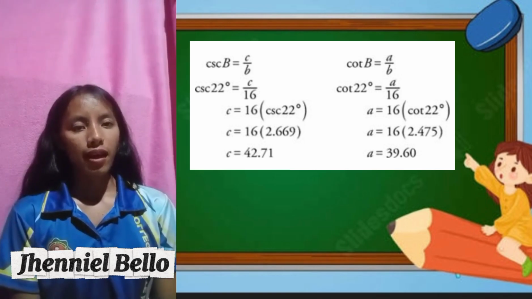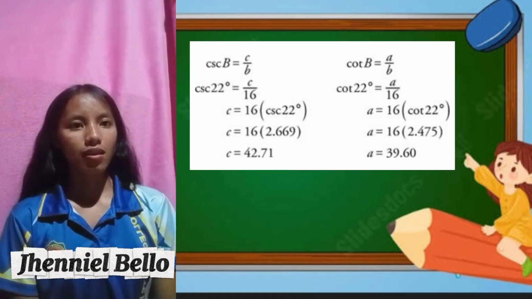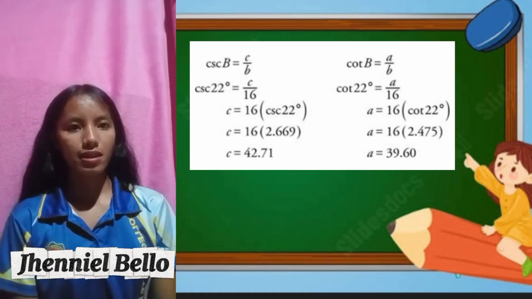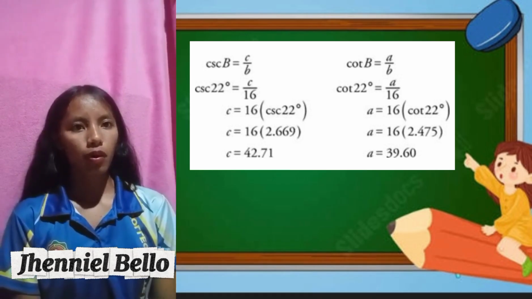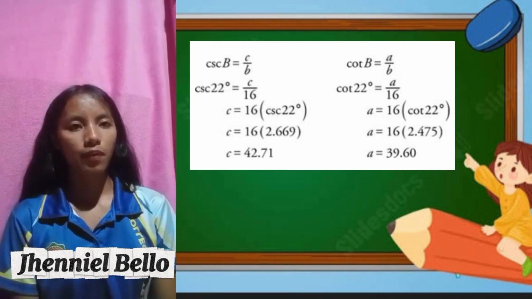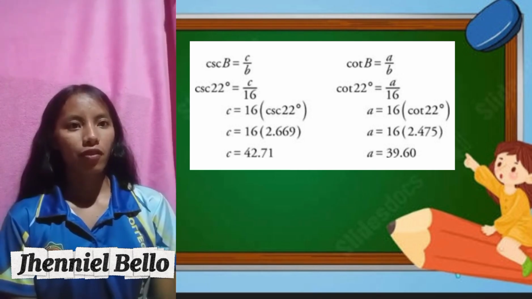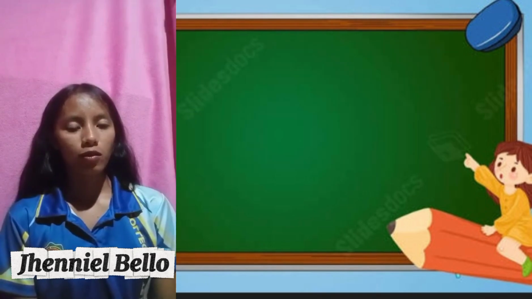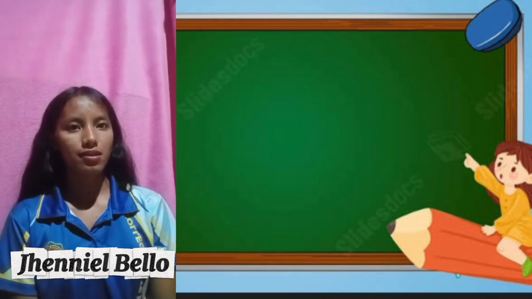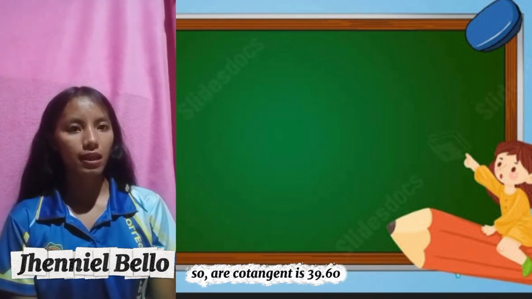Then a is equal to 16 times 2.475. We multiply 16 times 2.475, which is equal to 39.60. So a is 39.60.